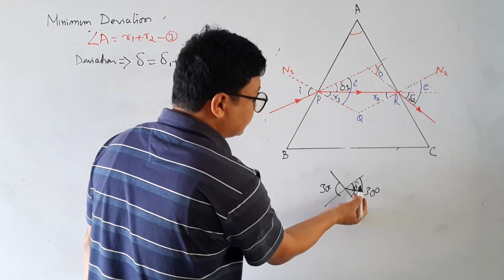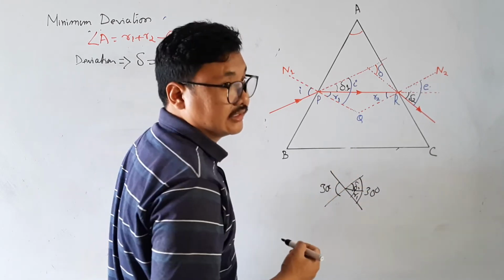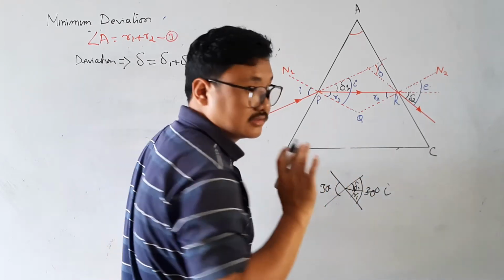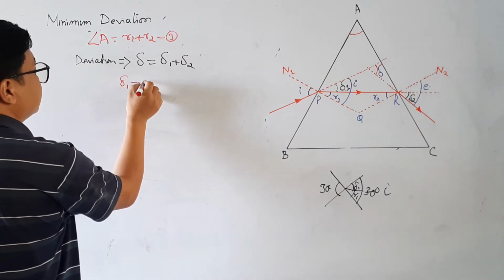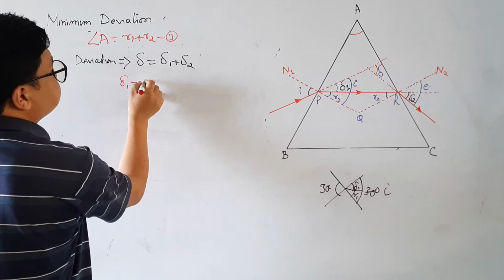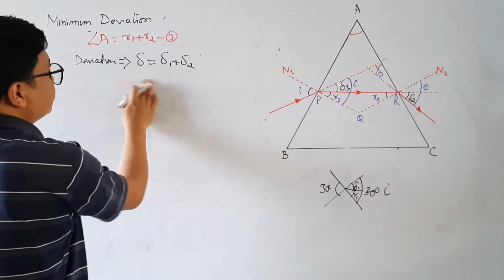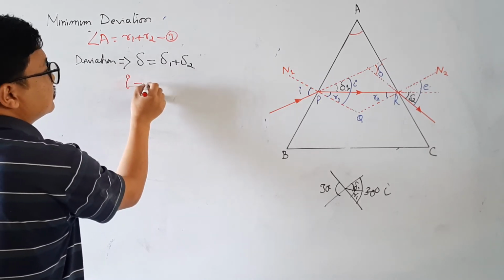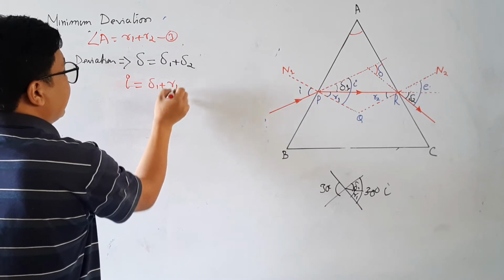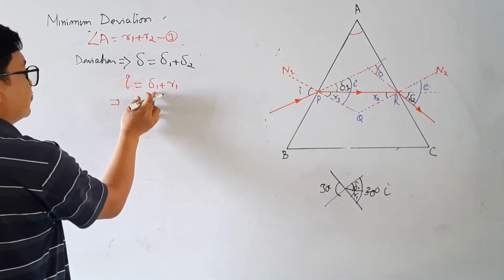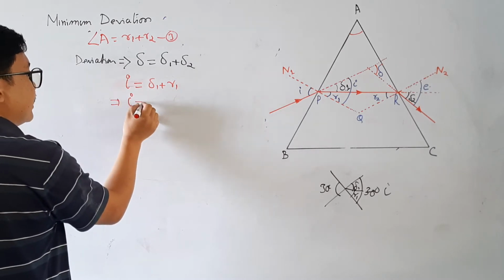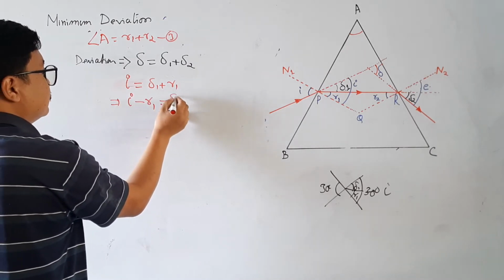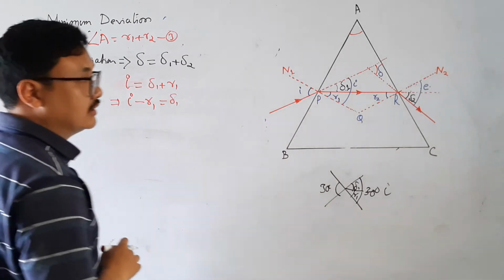So R1 plus delta 1 should be equal to 30 degrees, which is my I. Is that clear? Good. So let me write I is equal to delta 1 plus R1. If I take this, then I minus R1 is equal to delta 1. I got the value of delta 1.